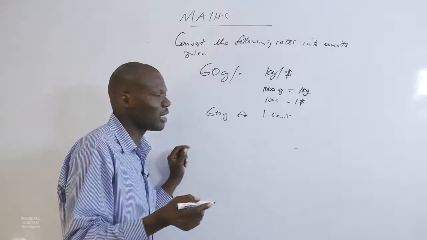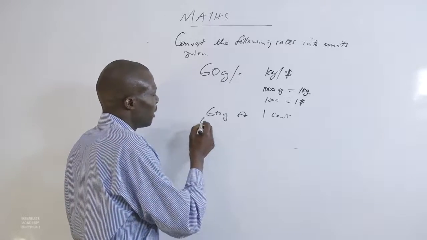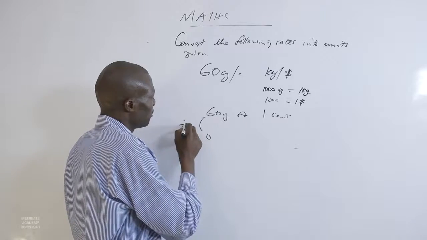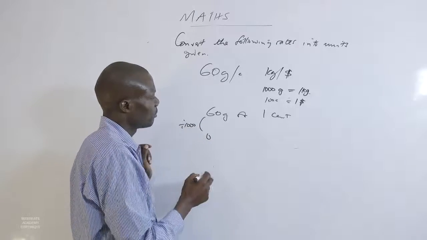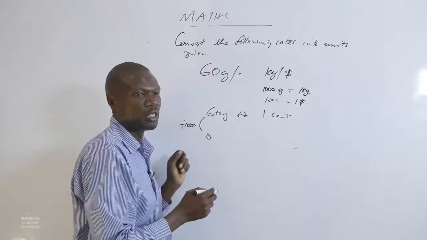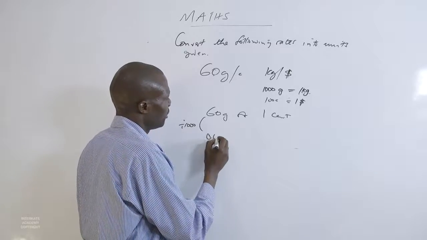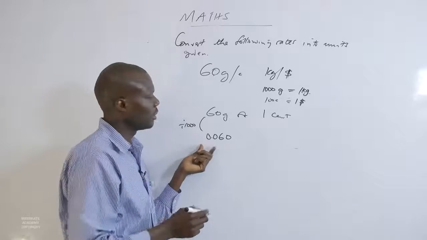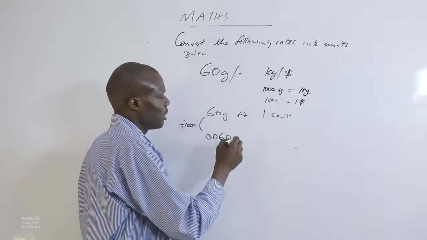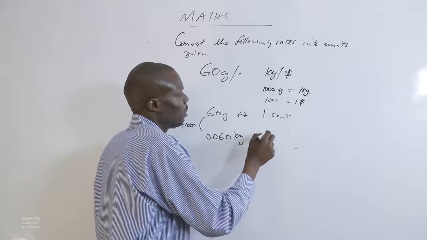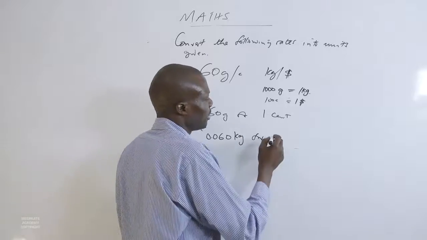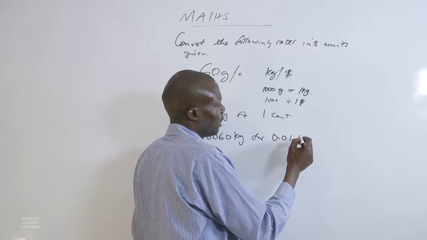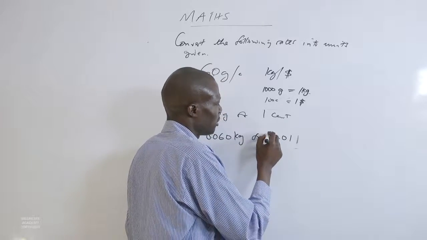This is the same as saying divide by 1,000, so that we have 0.60. This one now is not grams, but it is kilograms. For cents, it is divided by 100, which is 0.01. And this one is what? Dollars.